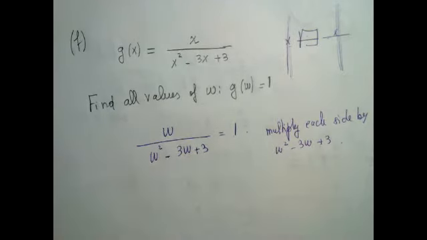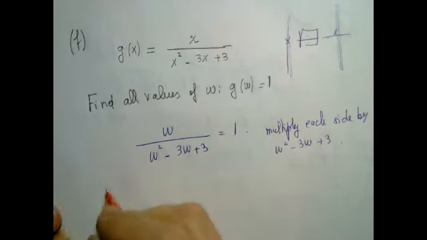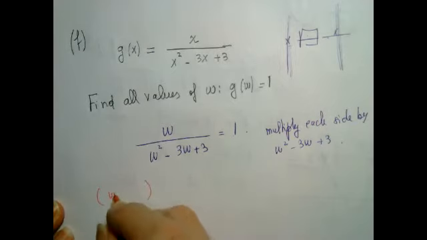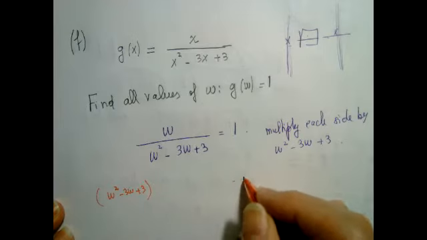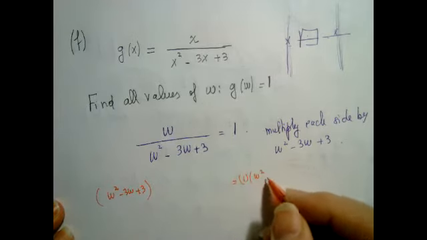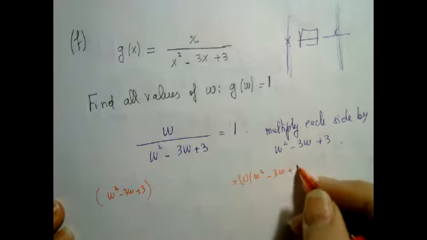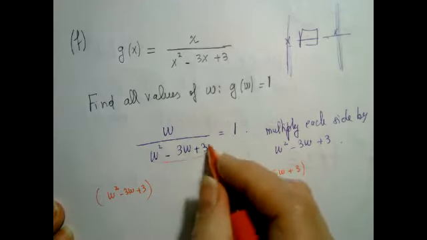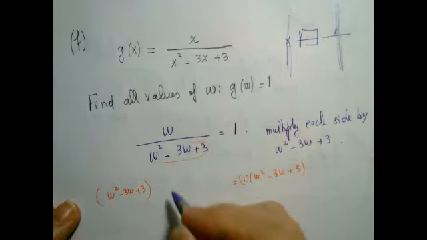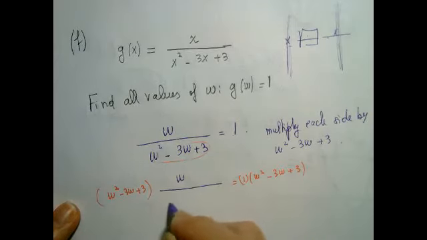So I'm going to multiply this by this denominator, and 1 times this denominator. Before I take away the 1, I really have to deal with this denominator a little bit. And then I will have w over that.